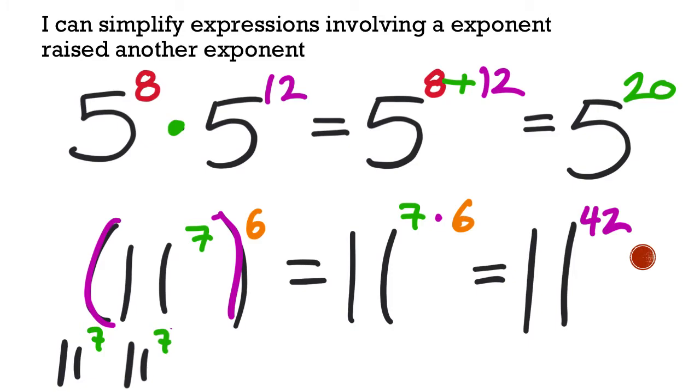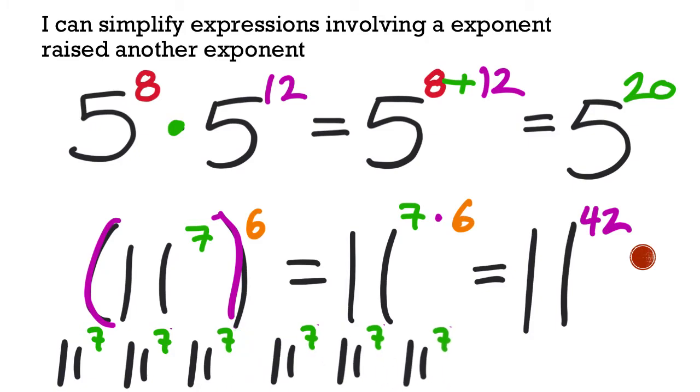So there's 1, 2, 3, 4, 5, 6, and 7, and I only need 6 of them. Take that last one back. We're listing these out 6 times because we see the exponent of 6.